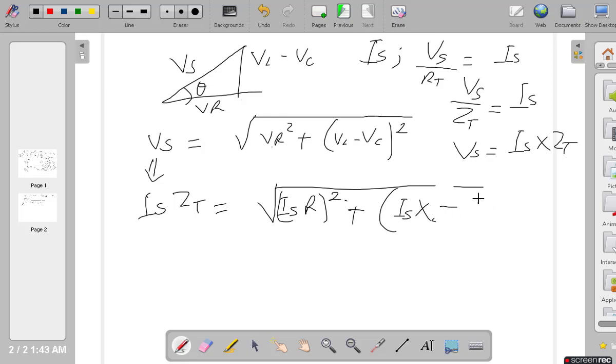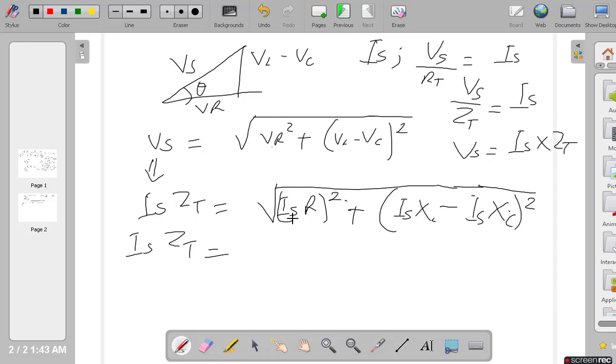Minus also IS times XC, squared. If you look at this, and you are a mathematician like me, it's not difficult to see that such an equation can be simplified.